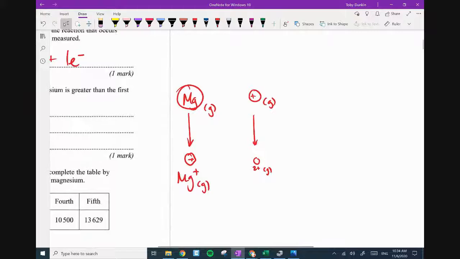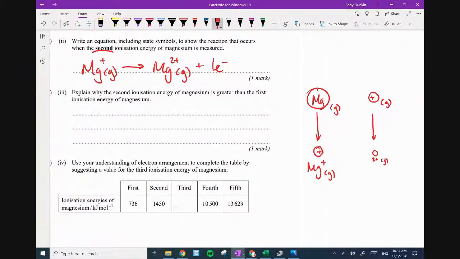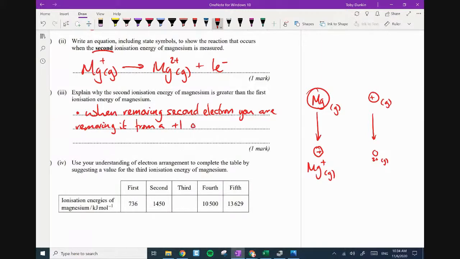And that second one's going to be way harder. So we're going to say the first reason is, in bullet points: when removing the second electron, you are removing it from a +1 ion.